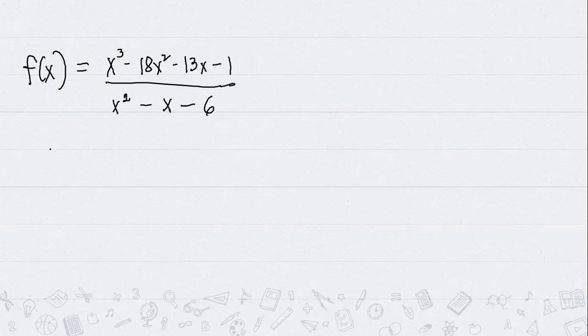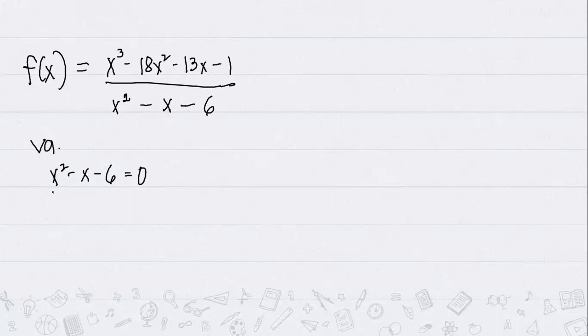Where were we? Okay, so let's do the vertical asymptote, class. As I said earlier, the numerator and denominator have no common factor, so it cannot be simplified anymore. So we have x squared minus x minus 6, the denominator. Equate it to 0.